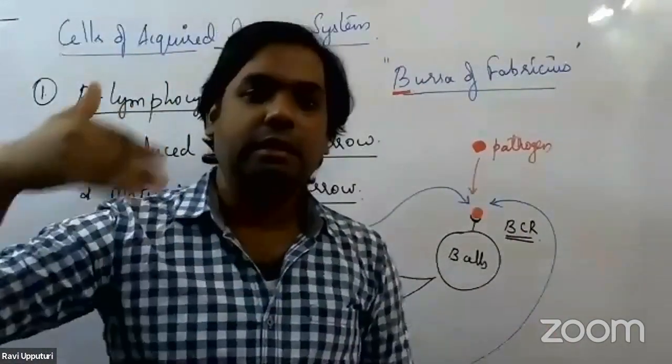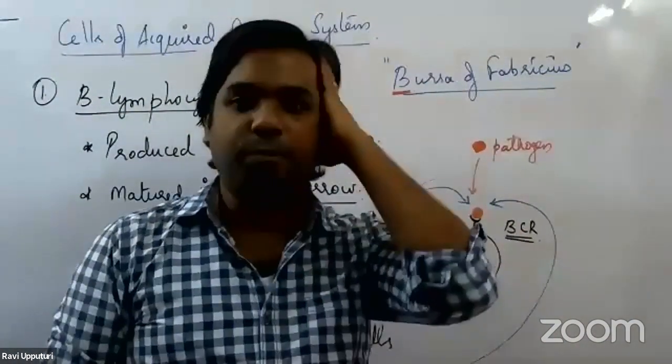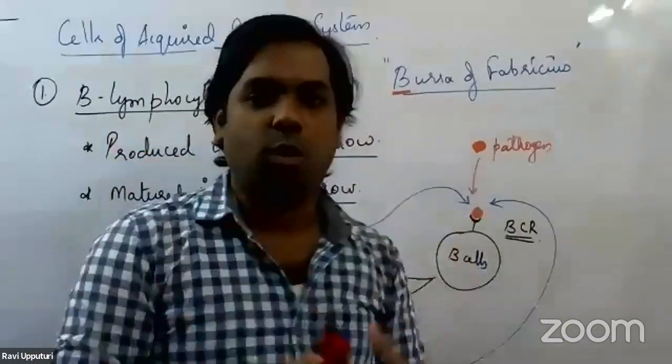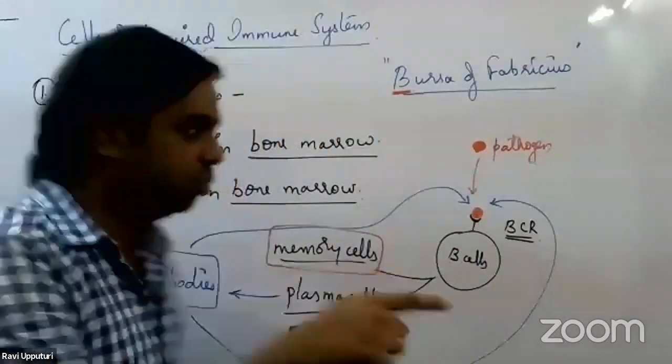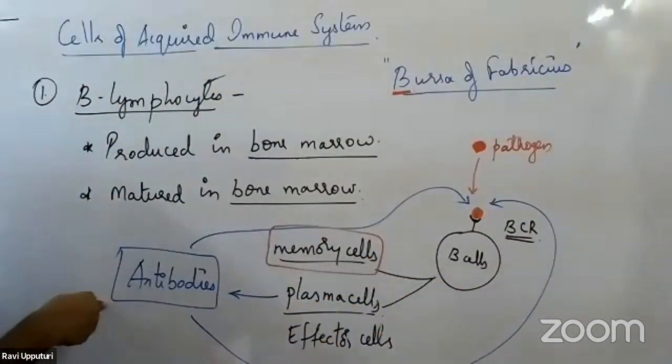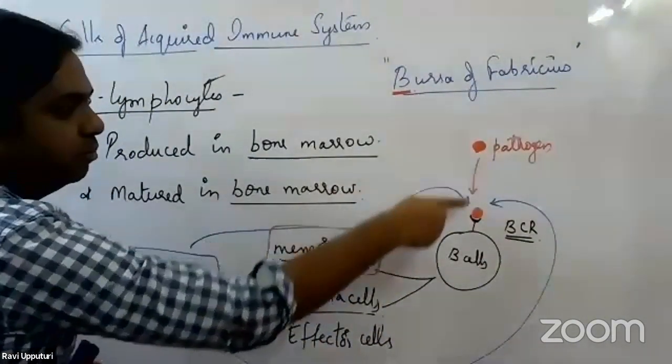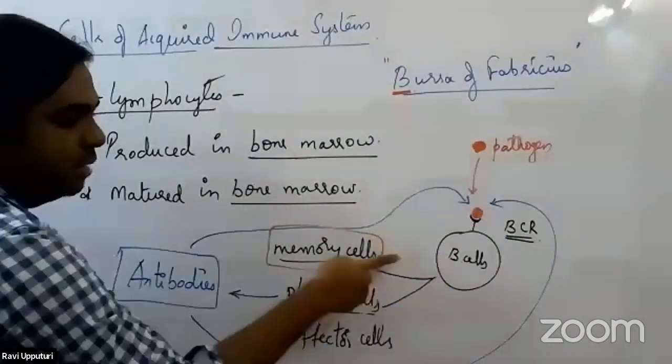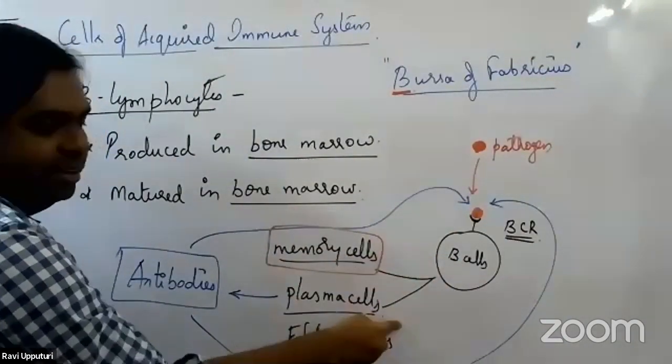Now start recollecting the secondary immune response that we saw. Or rather, the primary immune response. This first process is nothing but the primary immune response. Right? Entry of antigen, recognition, B cells undergoing differentiation, memory cells, plasma cells.